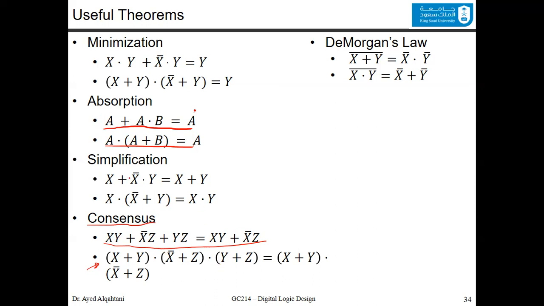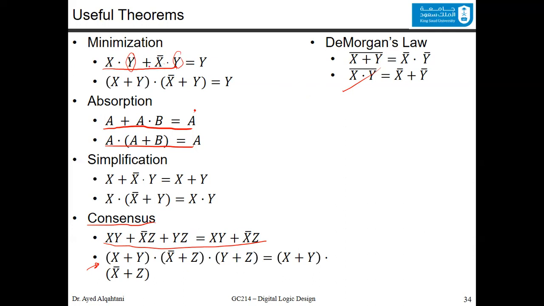We have 3 more theorems: the minimization, simplification, and the De Morgan law. We know the De Morgan law, and we covered it before. The minimization, if we have 2 terms like this, you can notice that you have one variable ANDed with another variable at its original and its complement version.